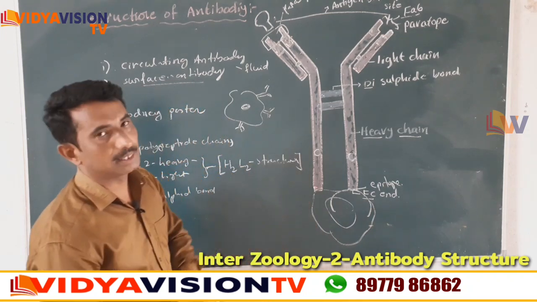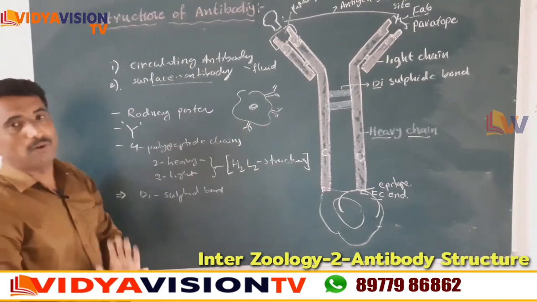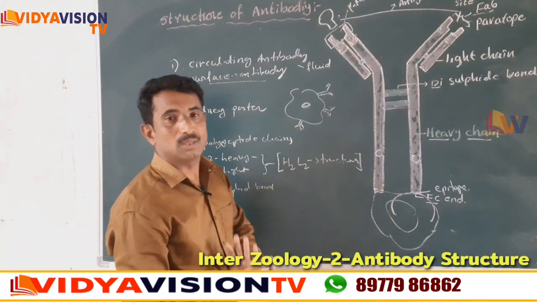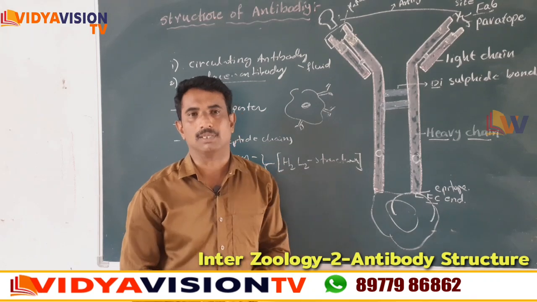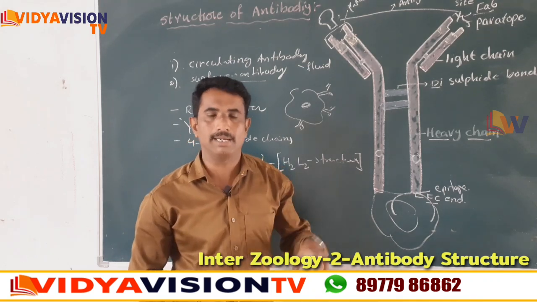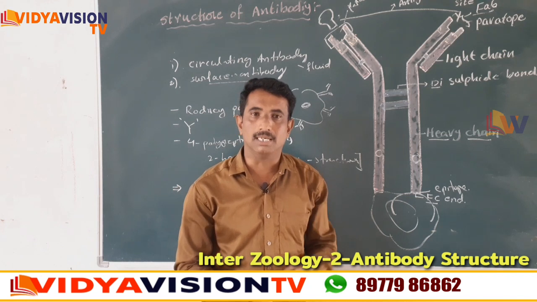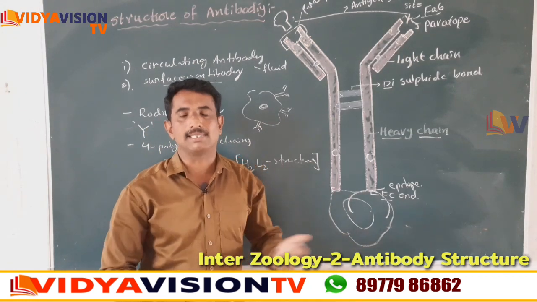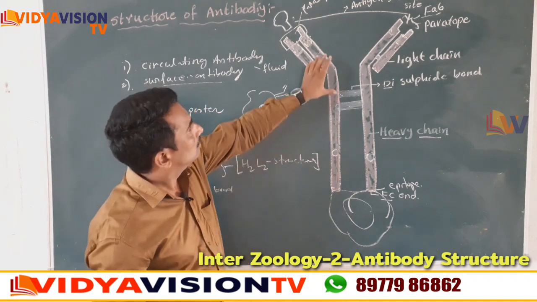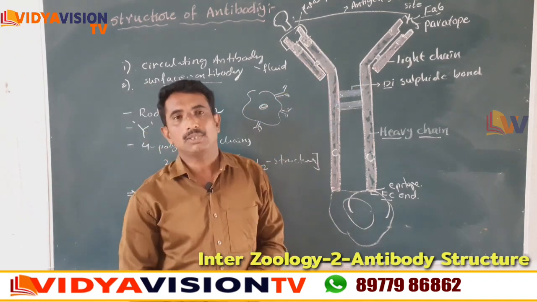Okay, now children, once again, the structure of antibody. Antibody means whenever pathogens enter into the body, our immune system recognizes those antigens and produces antibodies. Those antibodies fight with that antigen just like a police. These antibodies are of two types.